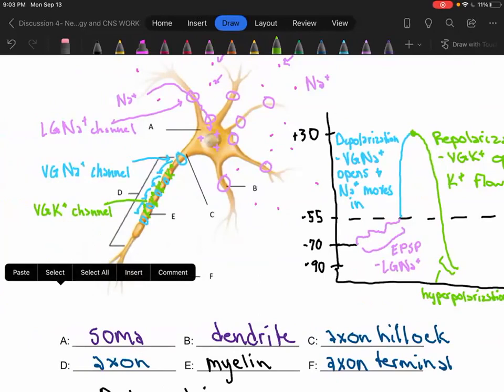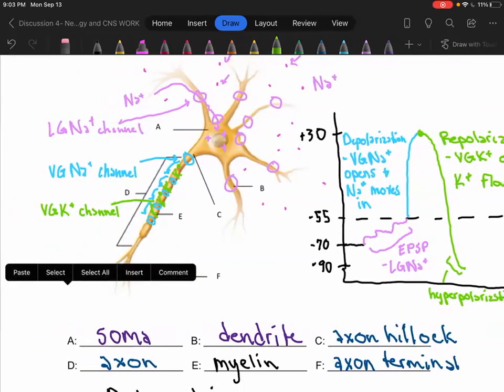So we've gone through the dendrites and the cell body, and we are now at the axon terminal. Those sodium ions had moved down there, so we have this positive voltage down there, a change from what it was initially, and that sodium influx causes voltage-gated calcium channels to open.